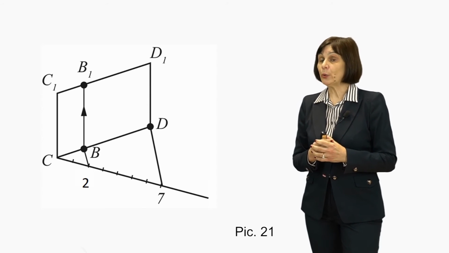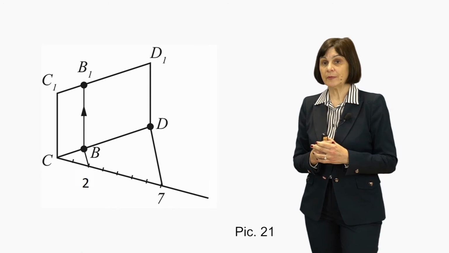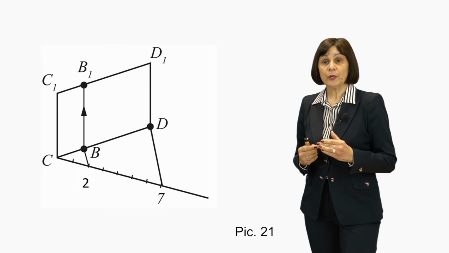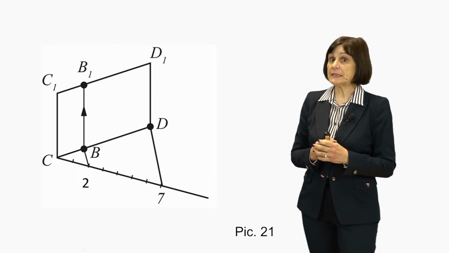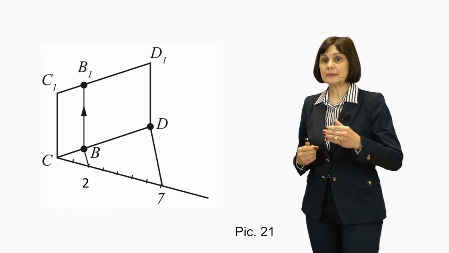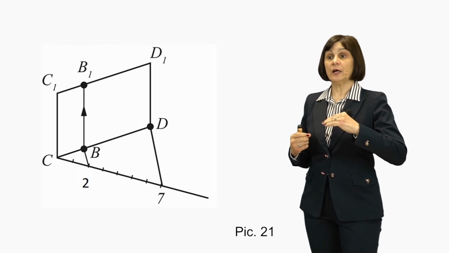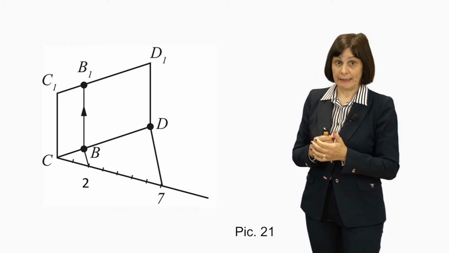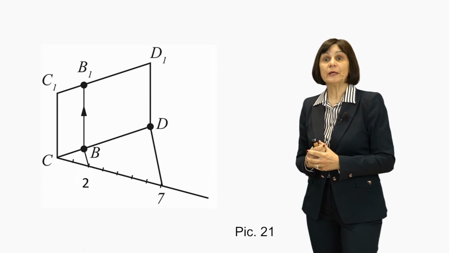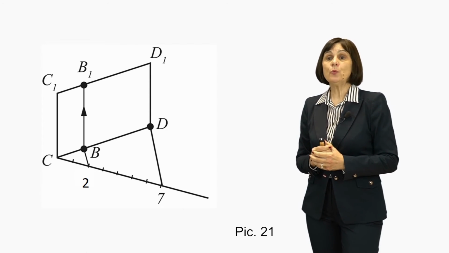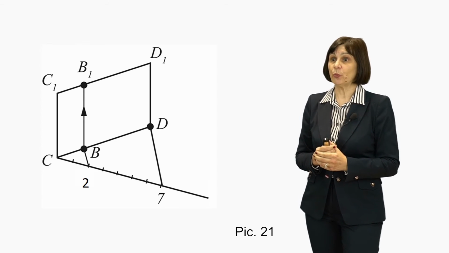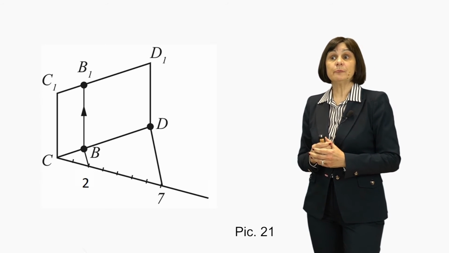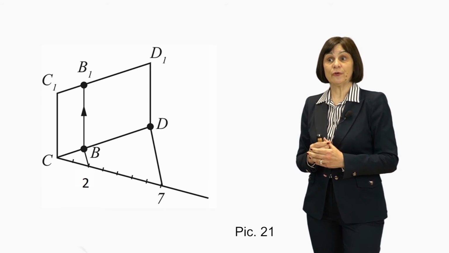That's why we need to construct from point B perpendicular line to the intersection point with segment C1D1. We project our point B from the horizontal projection plane on the frontal projection plane. We get point B1. Our segment C1D1 is divided in some given ratio 2 to 5.